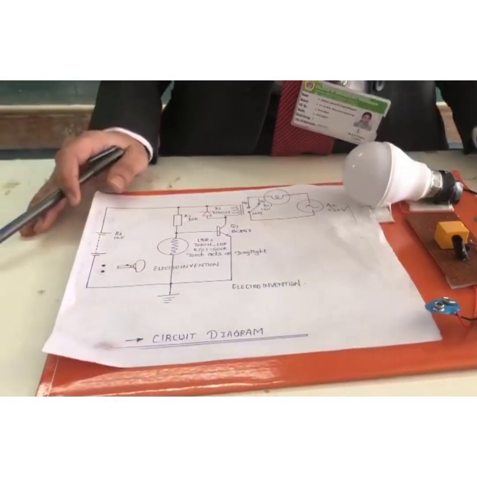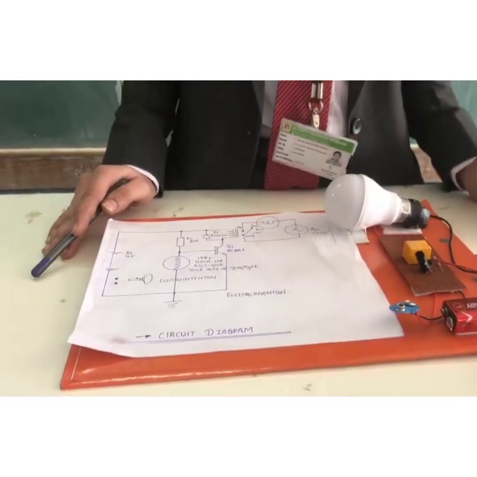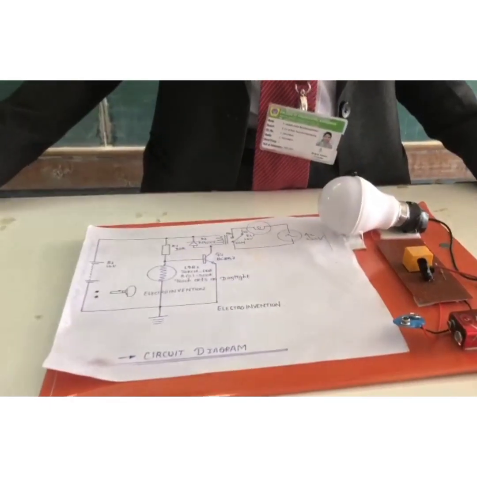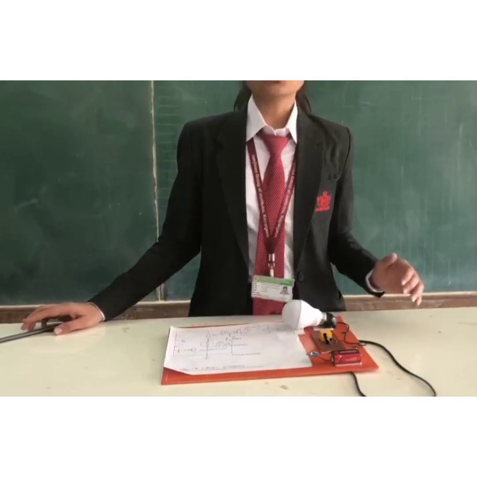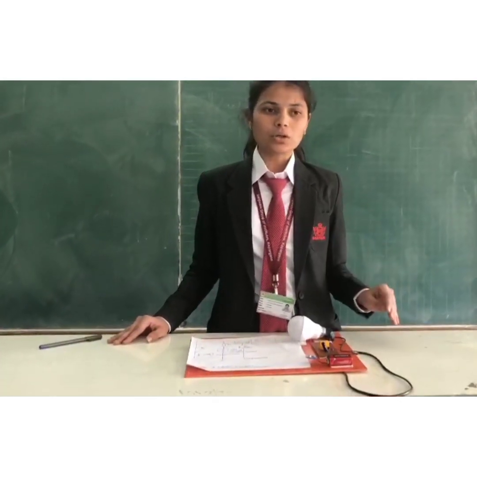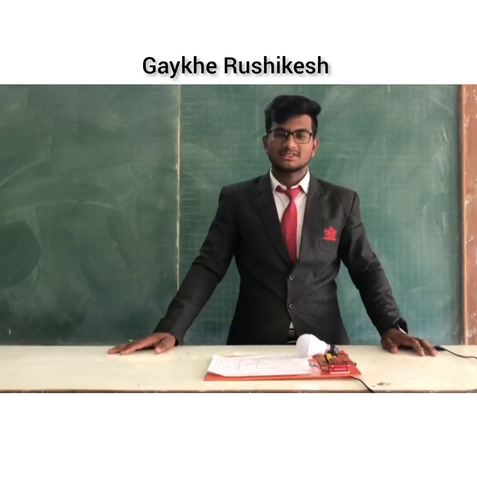Then the current path is the 10K resistor feeding a positive pulse to the transistor base. If the light intensity becomes low, then the resistance across the LDR becomes very high. The NPN transistor current path is the positive volt to the 10K resistor, and the 10K resistor is connected to the base of the 547. Thank you.